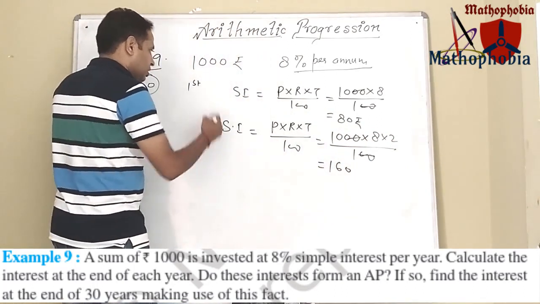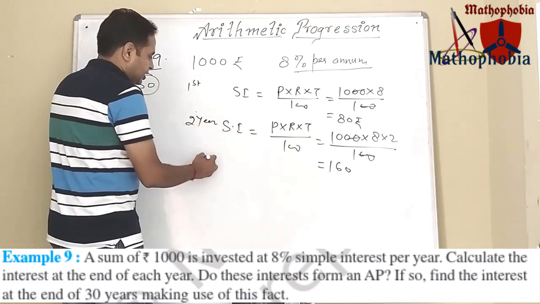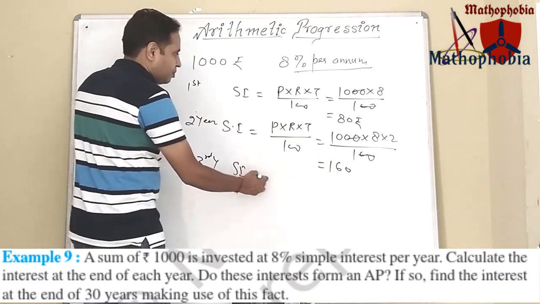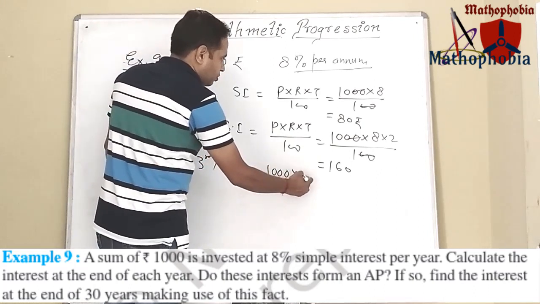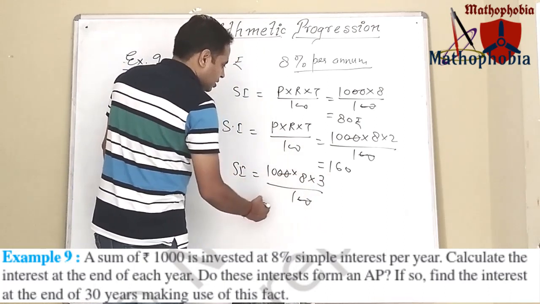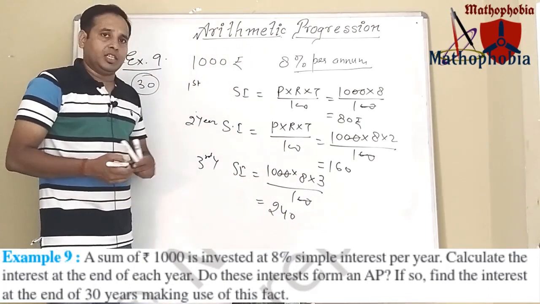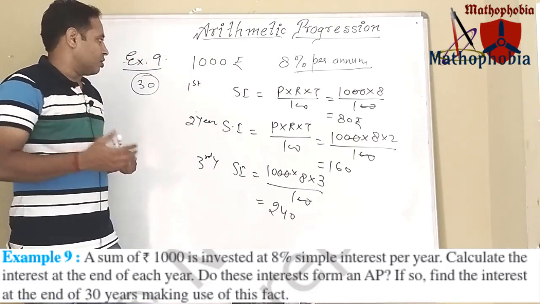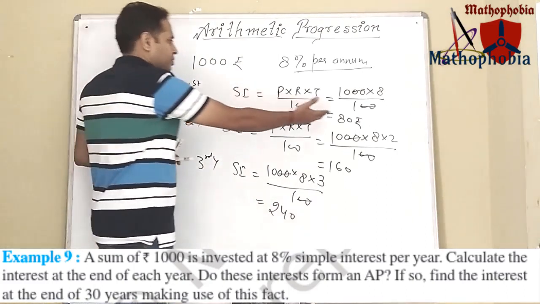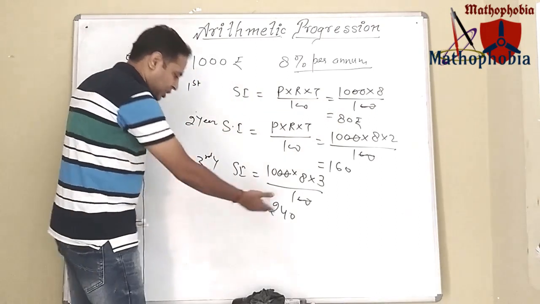This was for 2 years. अगर 3 साल का find करें, 3 years, SI will be P into R into T upon 100. That is 240 rupees. So let's check whether the simple interest for the consecutive years forms an AP or not. ठीक है, एक साल का simple interest we have got 80 rupees. For 2 years the simple interest was 160 and for 3 years it is 240.